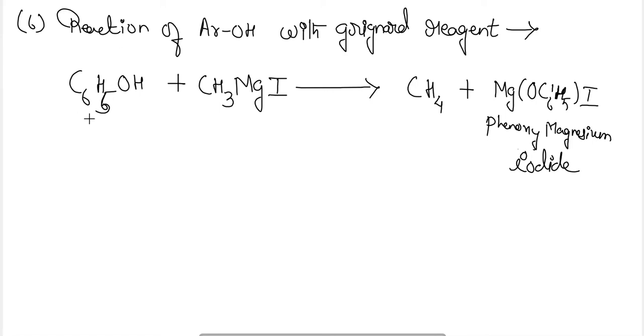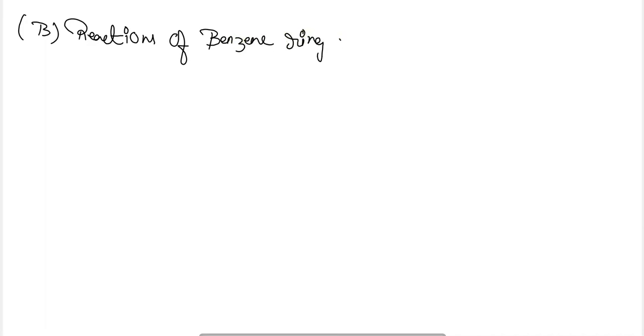Next we are going to see the B type of reaction, that is the reactions of the benzene ring.